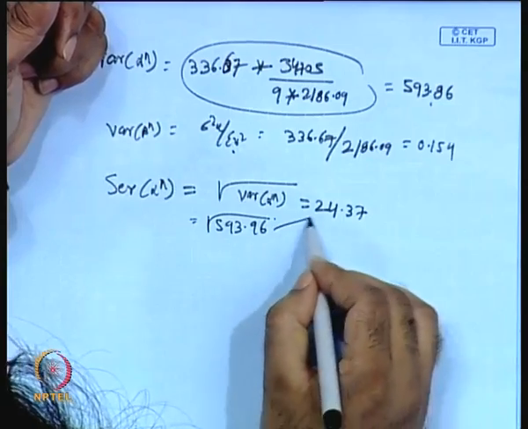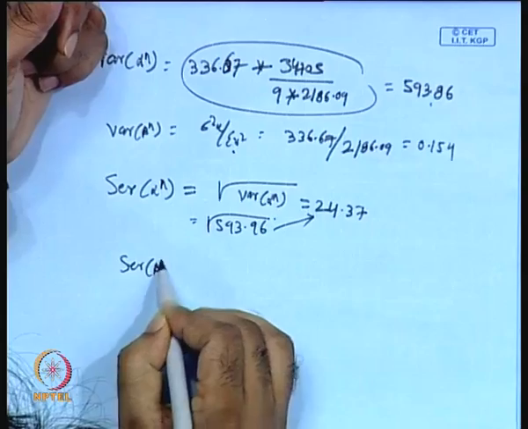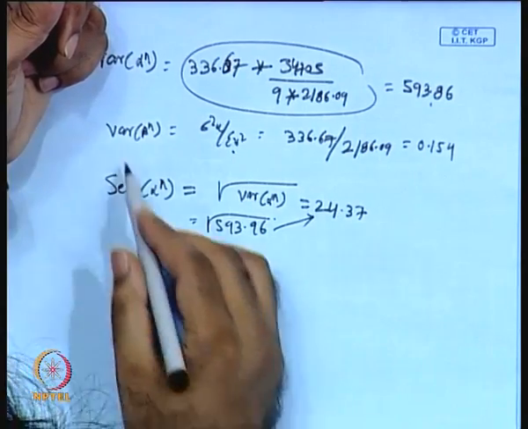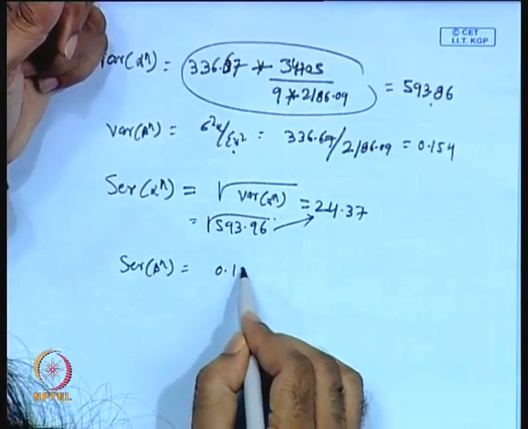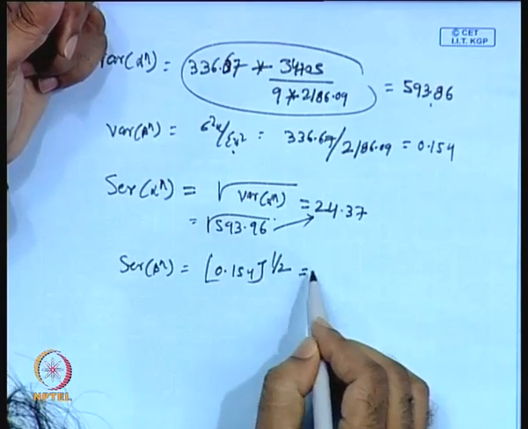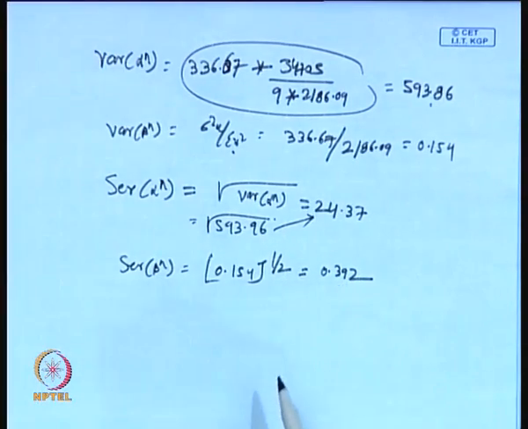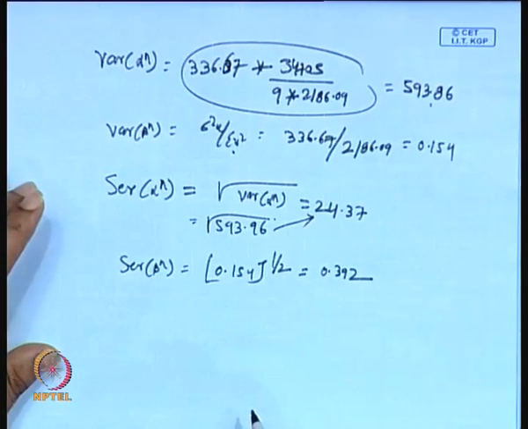This will be coming 24.37. The standard error of beta head is equal to the variance of beta head, 0.154 to the power 1 by 2, which is coming 0.392. So, now we have received the standard error of alpha head and the standard error of beta head.